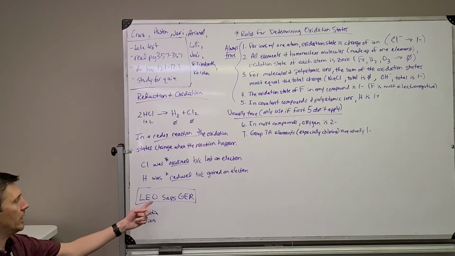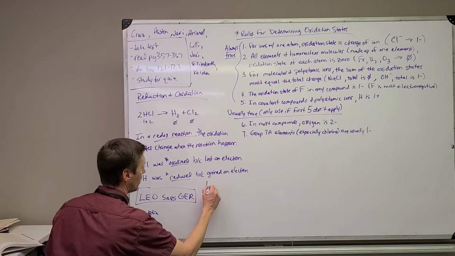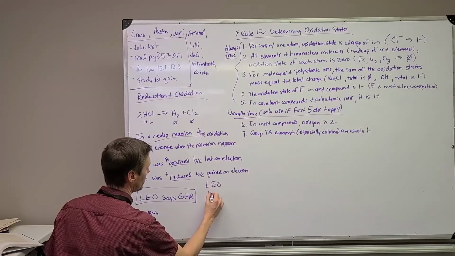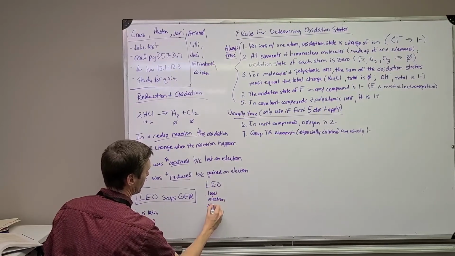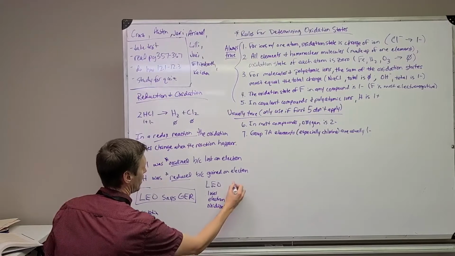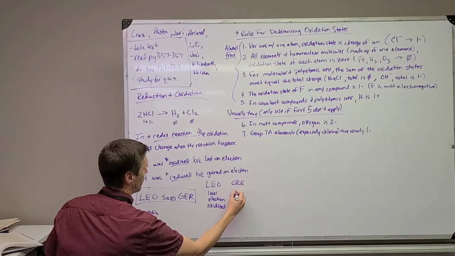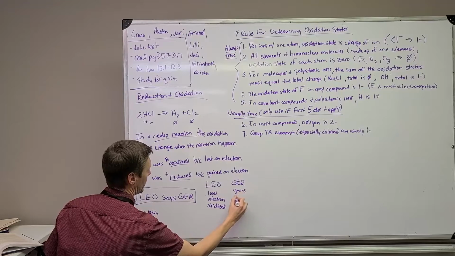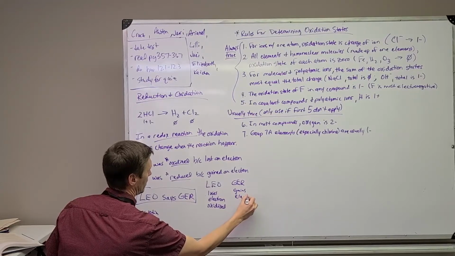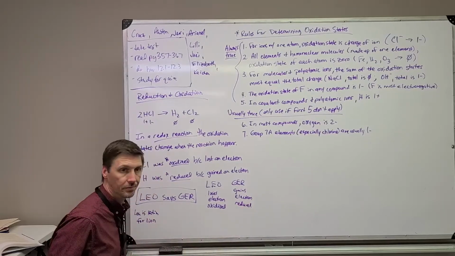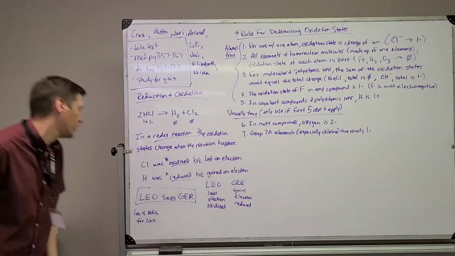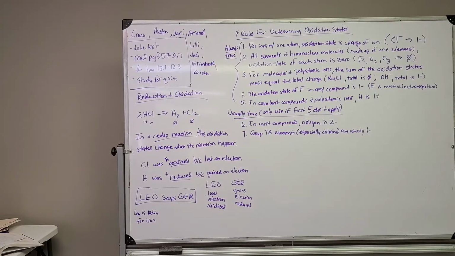And so Leo: loses electron, oxidized. Grr: gains electron, reduced. All right? So if you can remember that, and that's the whole point of being really cheesy, right? So that you'll remember that.